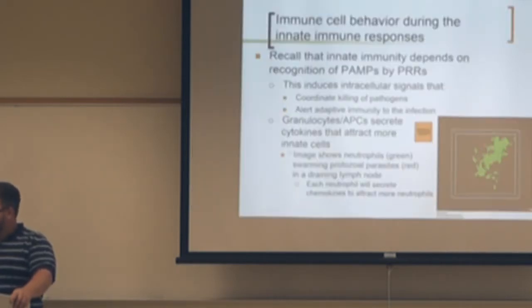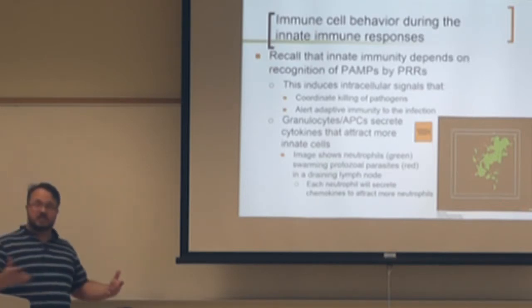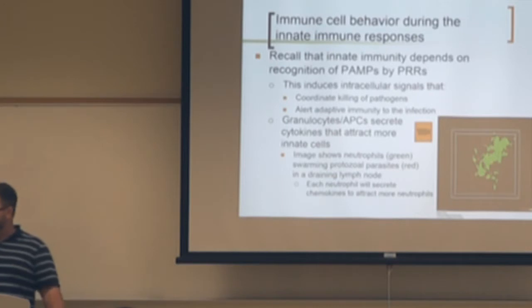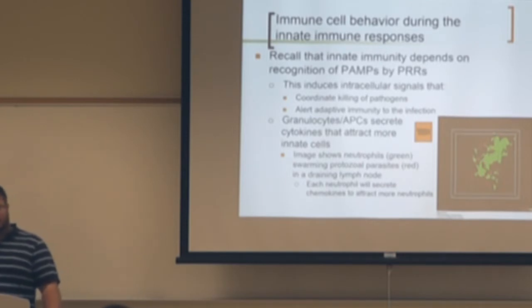Because these are protozoa or some other parasite, they are not inside the cell, so the neutrophils cannot kill them or internalize them. A lot of times the neutrophils, which are very large cells, and some of the macrophages will internalize some of those protozoa, as we'll see in a case a couple slides down.